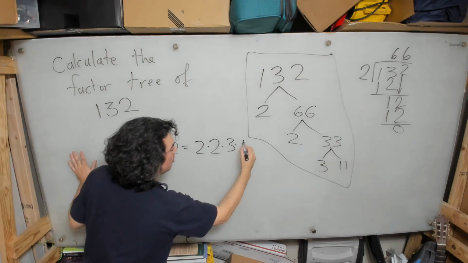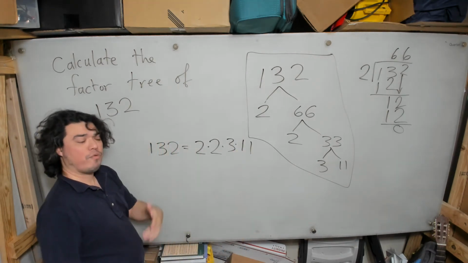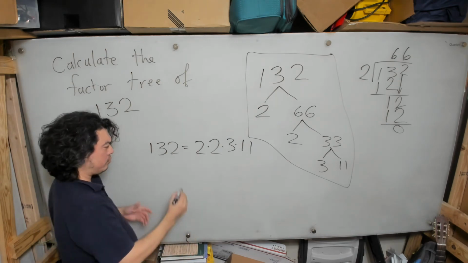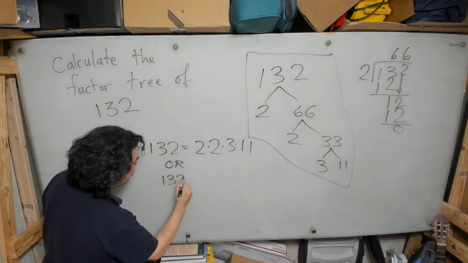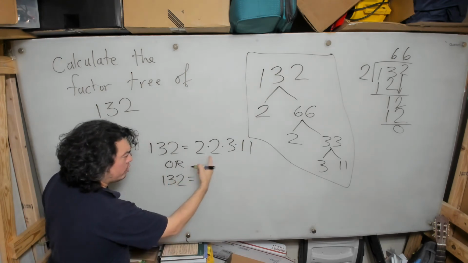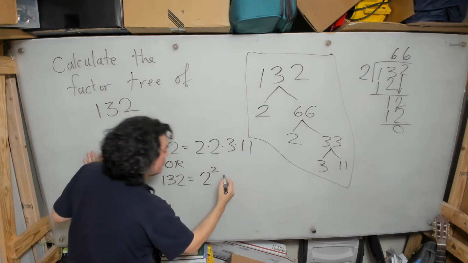Of course, here we have a 2 times 2. So if we want to use our notation from last time, we could also write this as 132 equals 2 times 2, or in other words, 2 squared times 3 times 11.